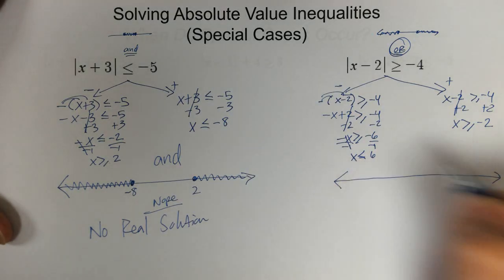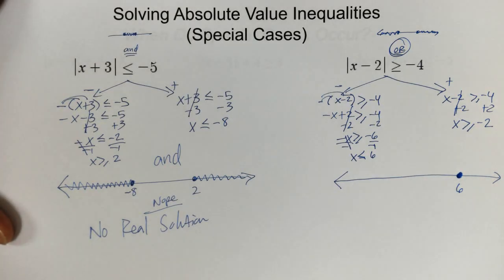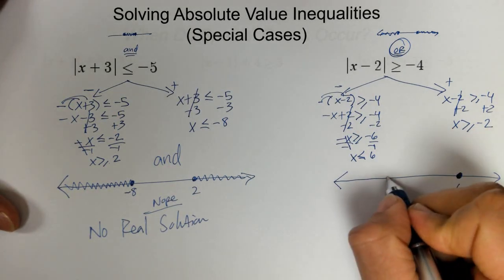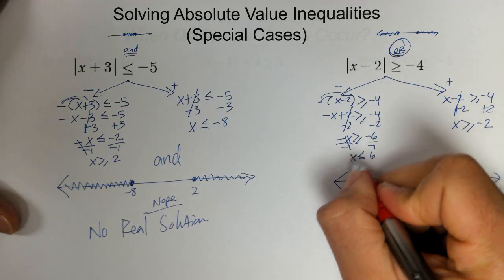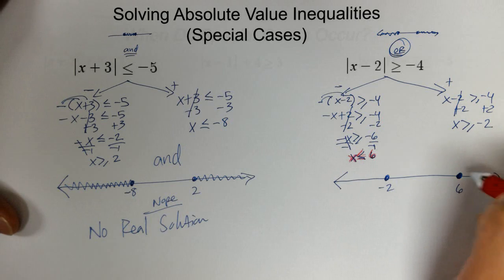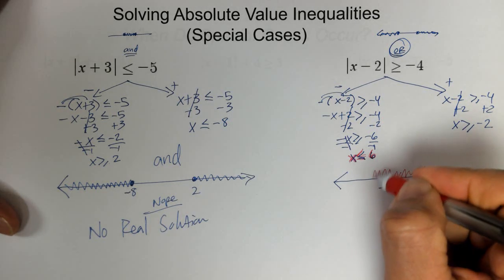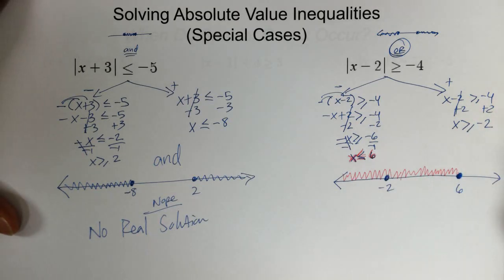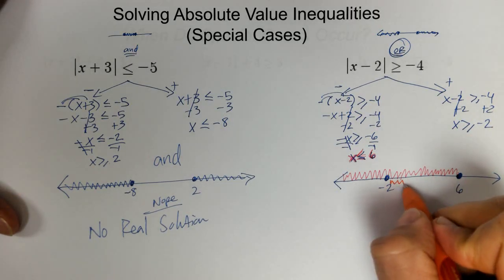The answer could be less than 6. So let's go to 6. Now I'm going to graph this in 2 separate colors. And then negative 2 is also part of my solution here. Negative 2. Let's do this in red and in orange or something else. If x is less than or equal to 6, it means that it's going to be everything to the left. Everything that way. If x is greater than negative 2, it's going to be everything to the right.